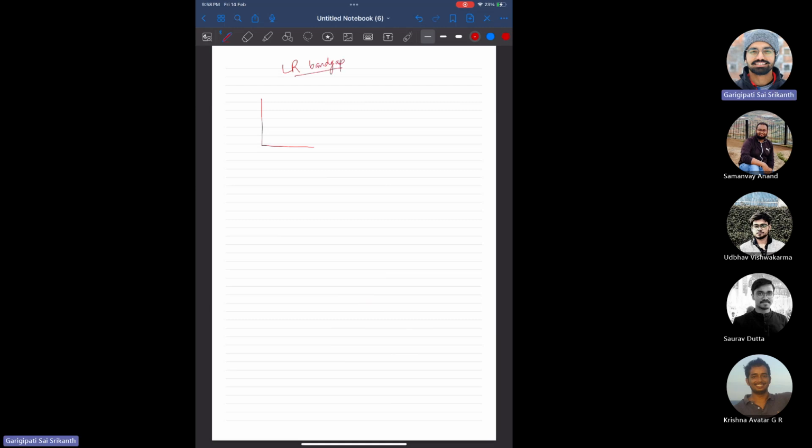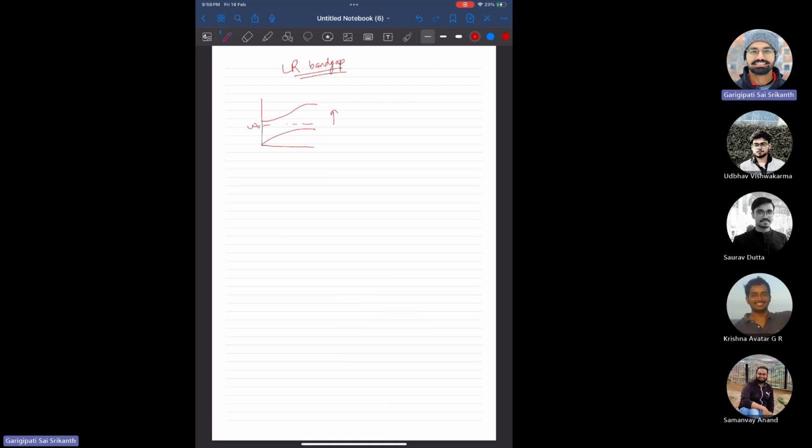We saw the lower limit of the local resonance band gap, but let's see the upper limit. So we know that it opens like this. And say this is omega naught. If you increase omega naught, then what happens is, it goes somewhere here.